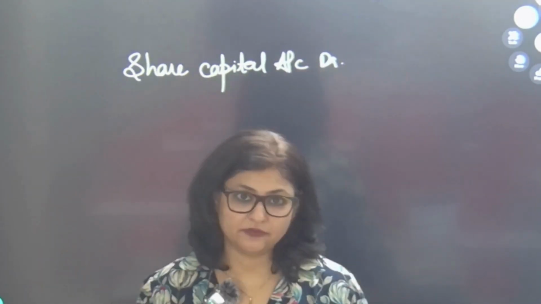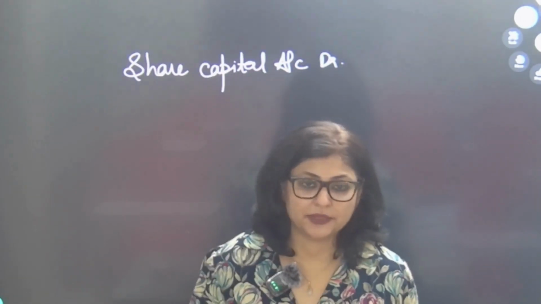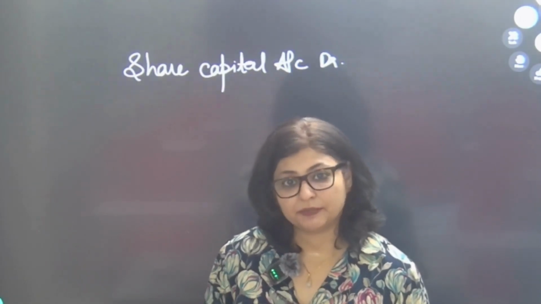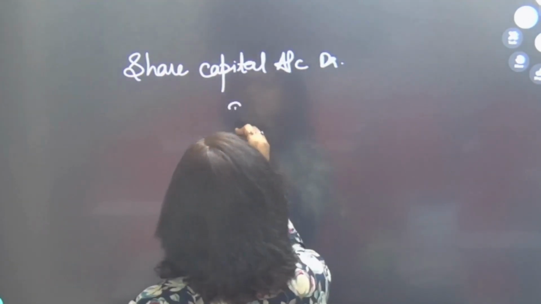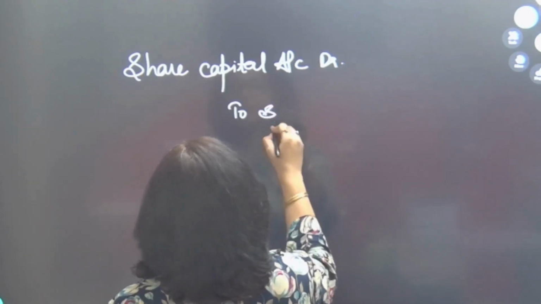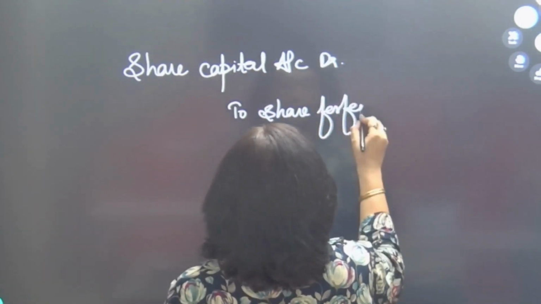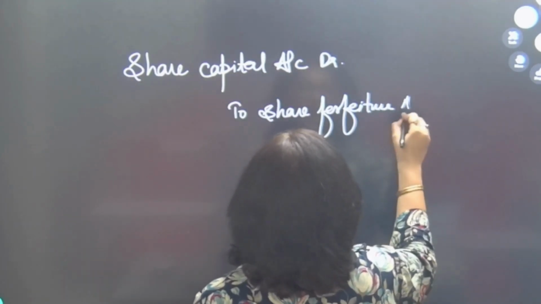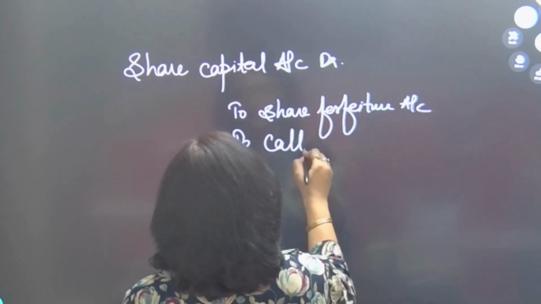Otherwise all this while when you pass the entry for share application, when you pass the entry for allotment and all, you were writing share capital on the credit side, but here we are debiting it. Here we will credit two things. This is share forfeiture. What is share forfeiture account? I will explain. Share forfeiture account, and one more thing you are crediting is calls in arrears.